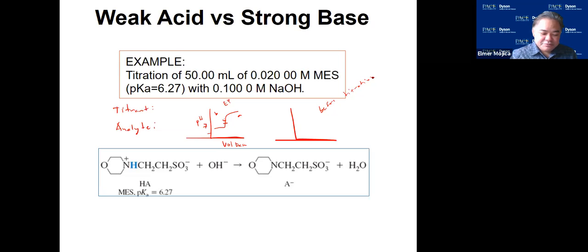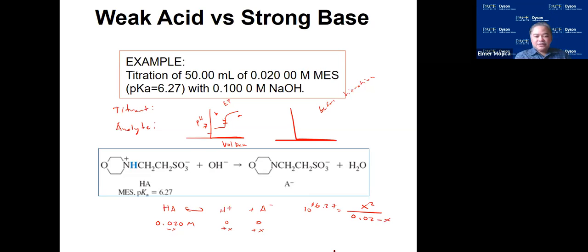If you recall your weak acid, we could say we have it like this. You have 0.02 molar, you don't have anything else, and then you have plus x here, plus x, and this was minus x. So you end up with 10 to the negative 6.27 equals x squared over 0.02 minus x.